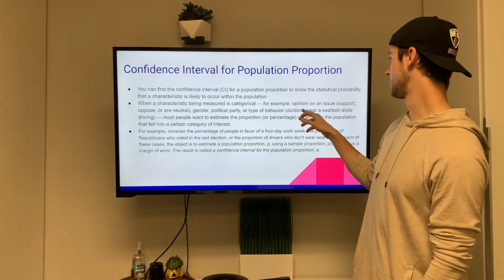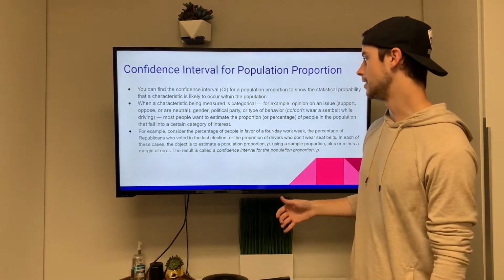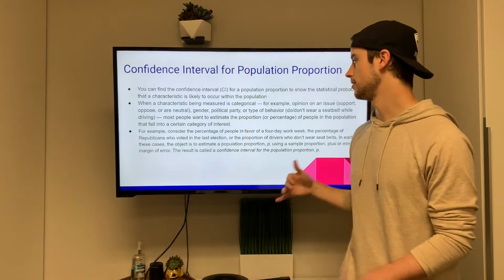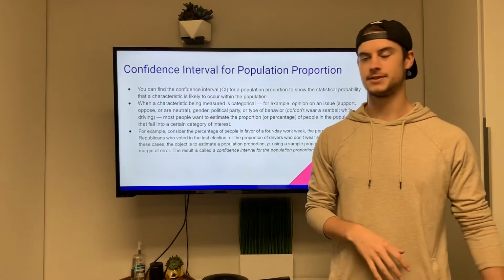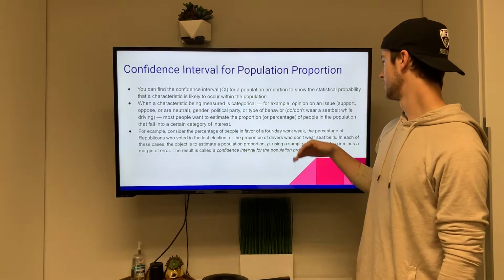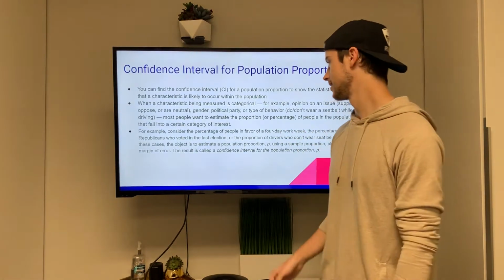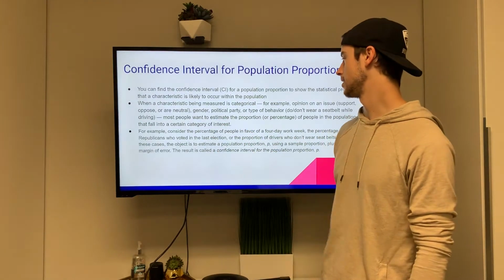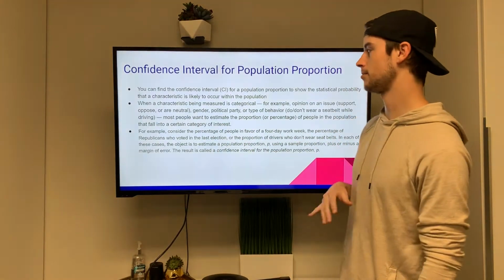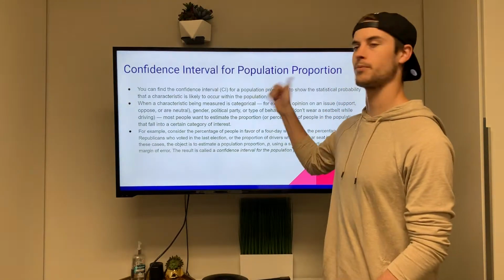So for example, opinion on an issue: support, oppose, are we neutral about it? Gender, male, female; political party, Democratic, Republican, Independent; type of behavior, do or don't wear a seatbelt while driving. I hope all of you do. That's safety. Okay. Most people want to estimate the proportion or percentage of people in the population that fall into a certain category of interest. That's what these proportions deal with.